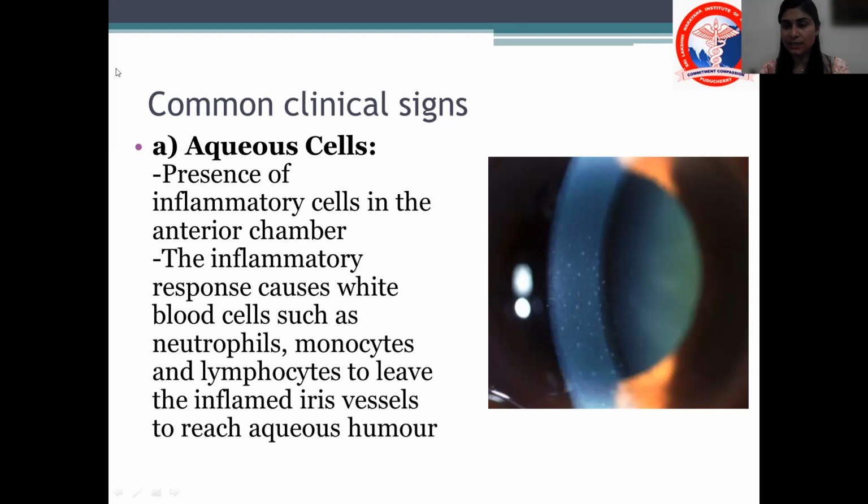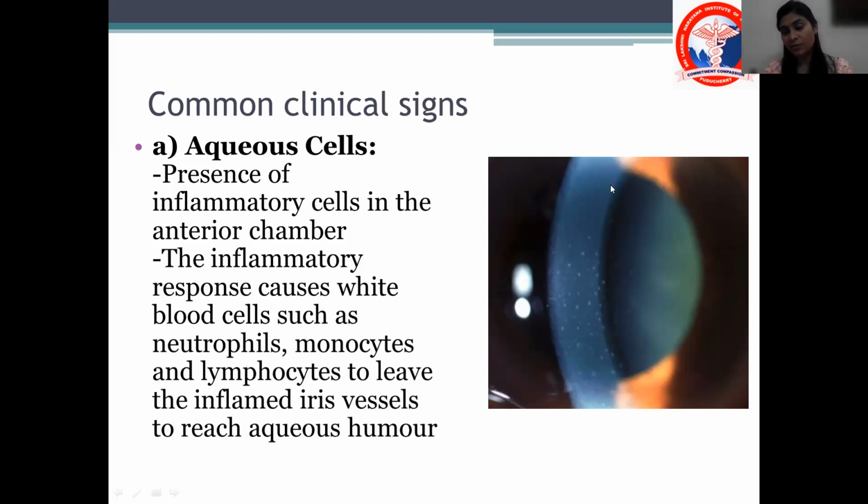There is presence of aqueous cells and flare. The aqueous cells are inflammatory cells in the anterior chamber; the inflammatory response causes white blood cells, neutrophils, monocytes, lymphocytes, to leave the iris vessels and reach the aqueous humor.